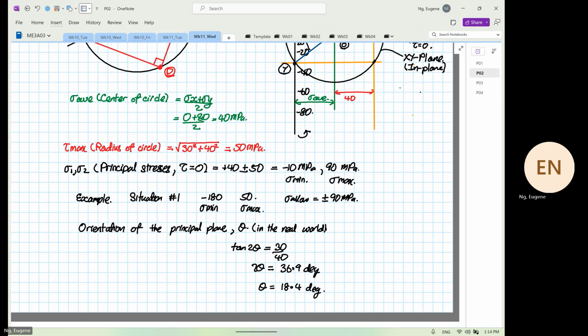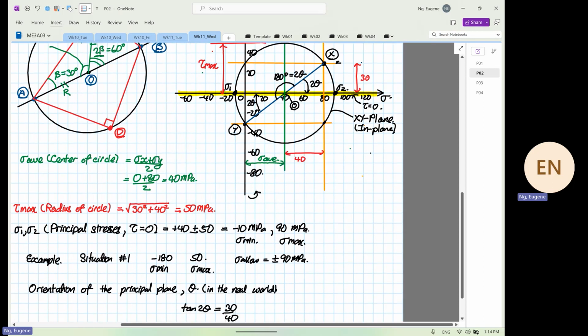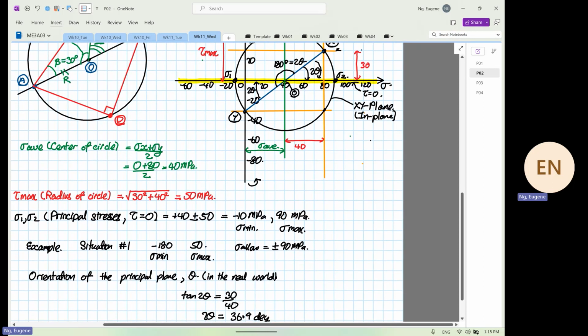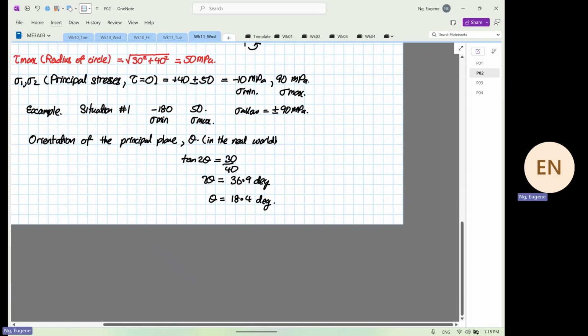Not all subjects need this. We are doing structure for now. If you are doing electricity, maybe not, but if you're doing structure, you have to. So it's 18.4 degrees, and it's going in what direction? Clockwise. Okay, you put clockwise.